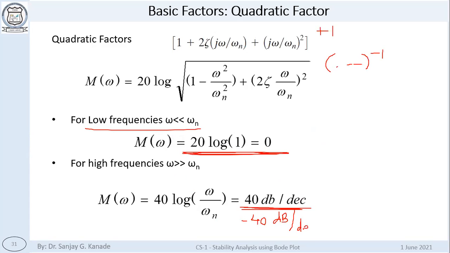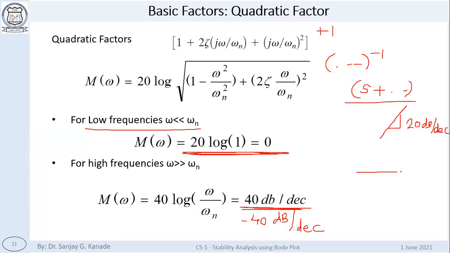So to summarize whatever we have seen for Bode plots, if there is s or s plus something, like this factor, then this is going to add a line of slope 20 dB per decade, right, if this is in the numerator.